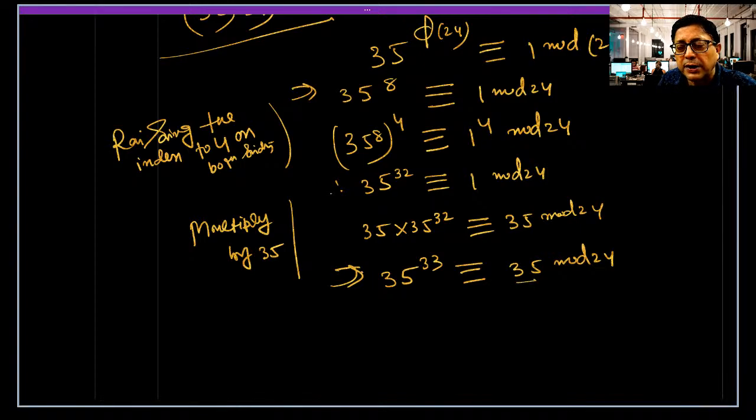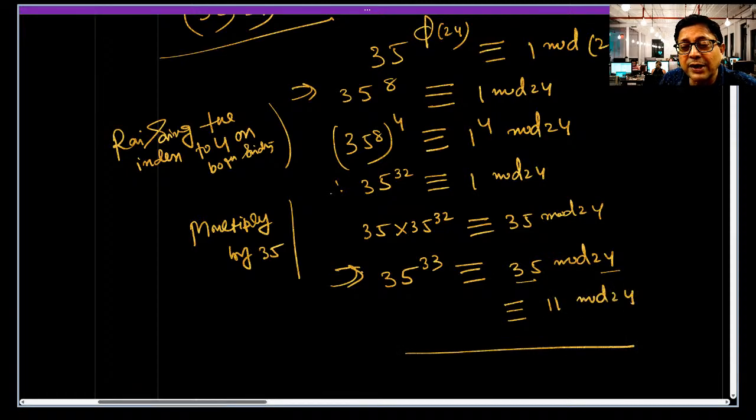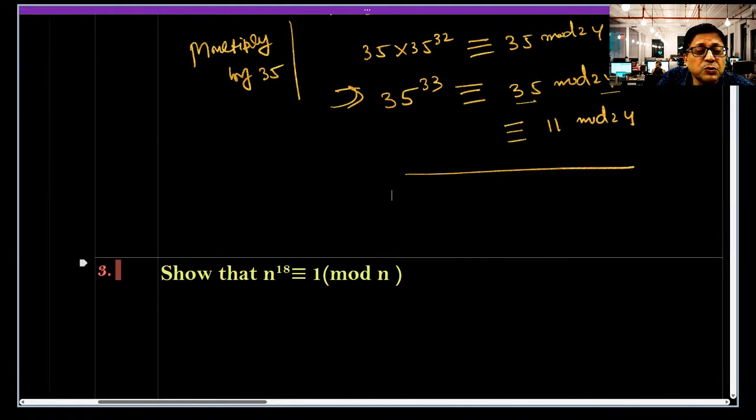But 35 is greater than 24, so we must divide once mentally. This is equivalent to 11 mod 24. Clear? So 11 is the remainder when you divide 35 to the power 33 by 24. Such a huge number.